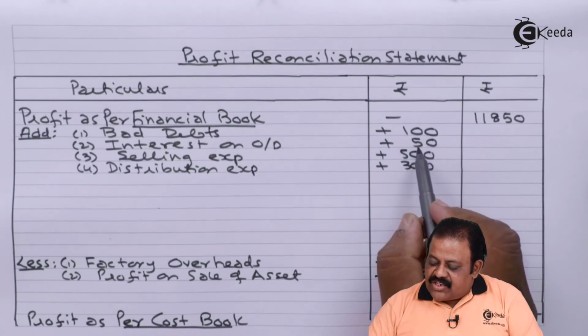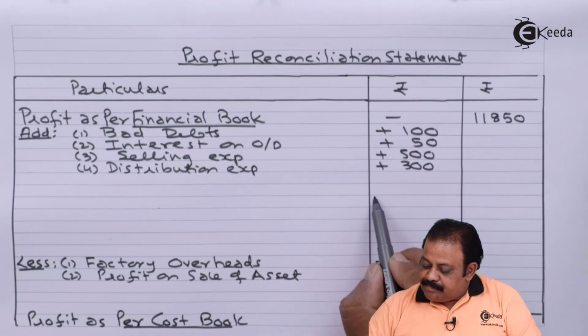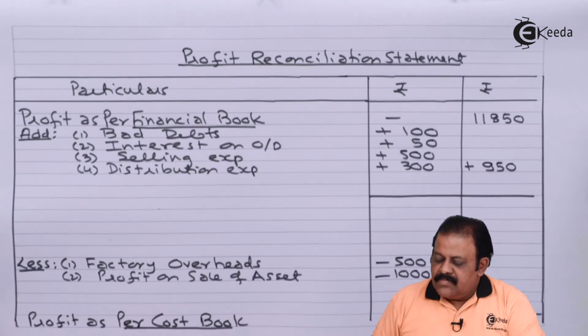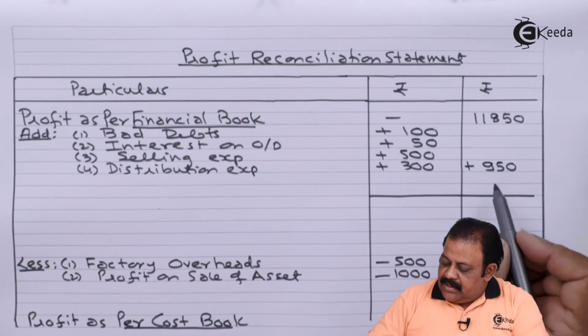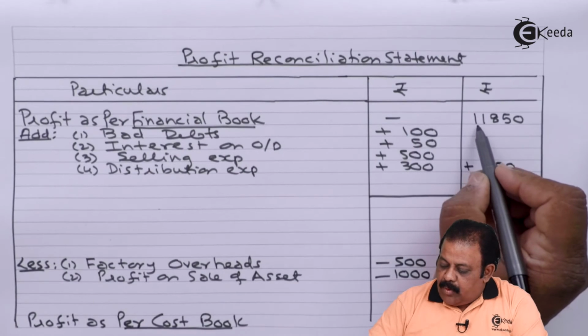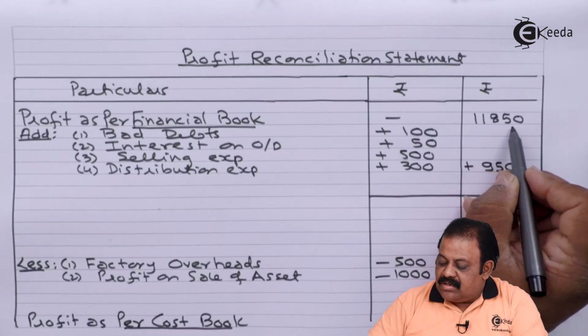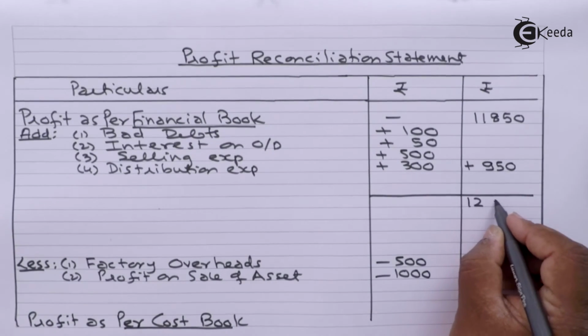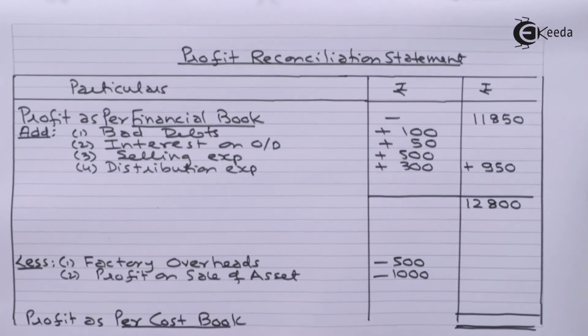Now we'll be taking addition of all those plus items. It is 950. It will be added to profit as per financial book 11,850. Now we'll be taking total of minus items.